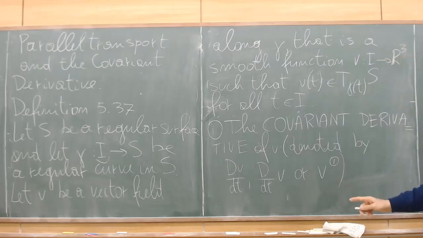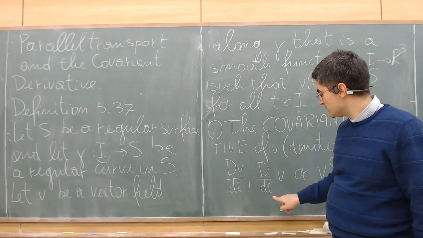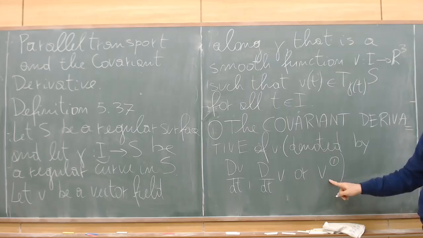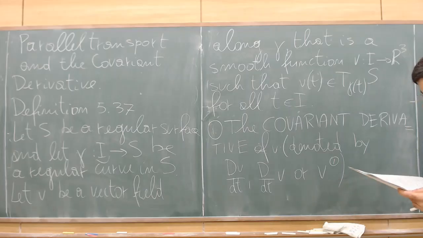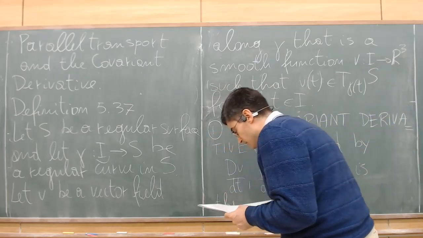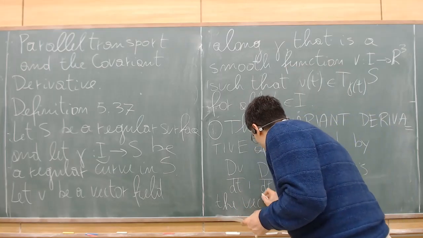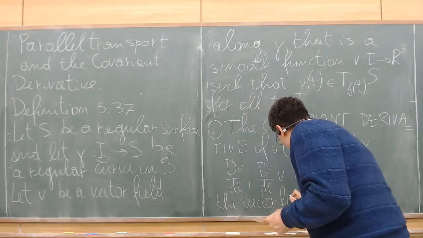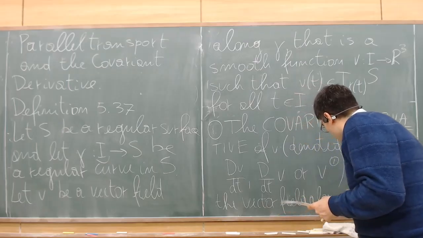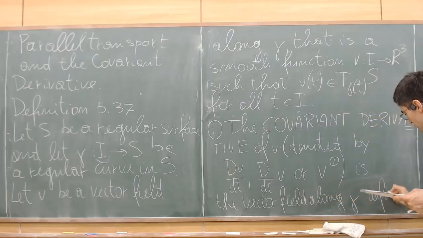Please observe that in other textbooks only these two notations are used. This is instead non-standard. It is the vector field along gamma defined as follows.